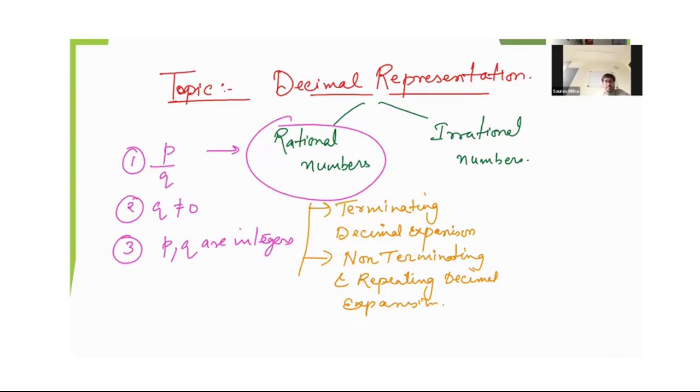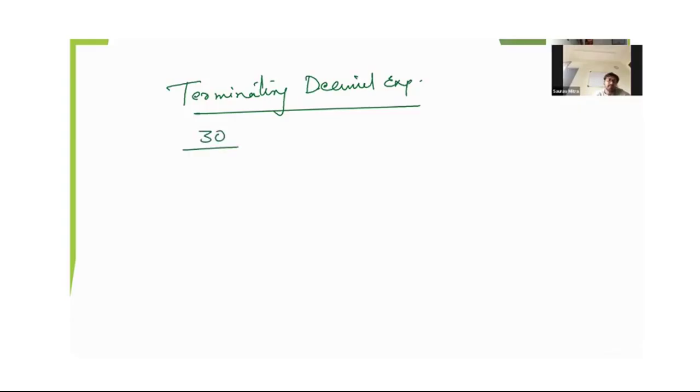What is a terminating decimal expansion? Say I have an example, 30 by 8. This is my rational number.